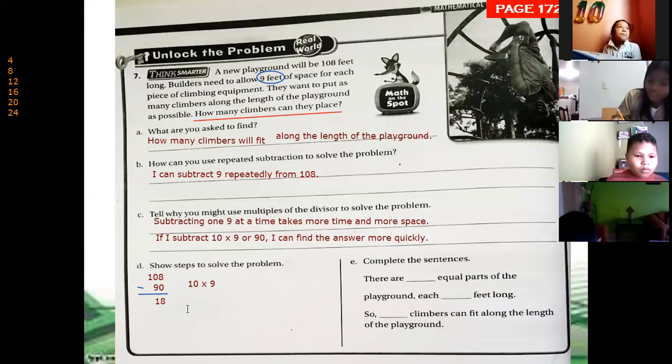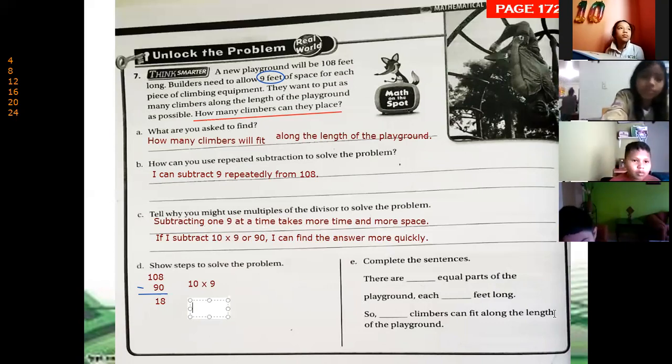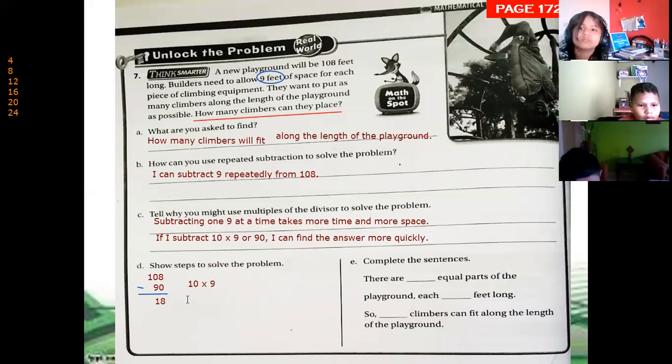What number in the table of 9 equals 18? 1 times 9 equals 9. 2 times 9, exactly. So that's the second multiplication we are going to write here, 2 times 9. Good. And here we're going to write the answer, 18.